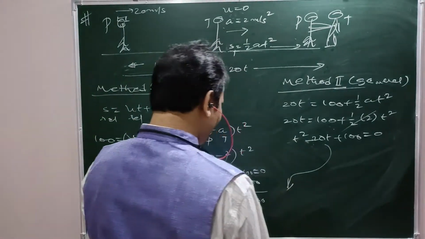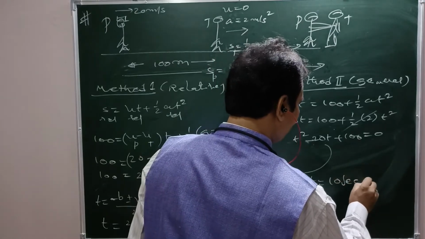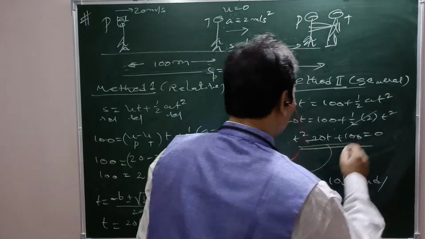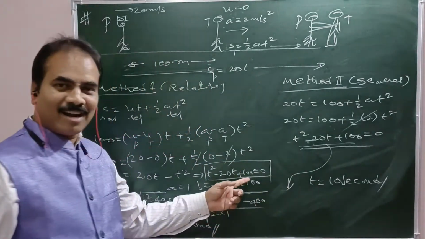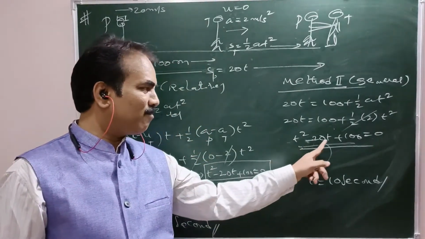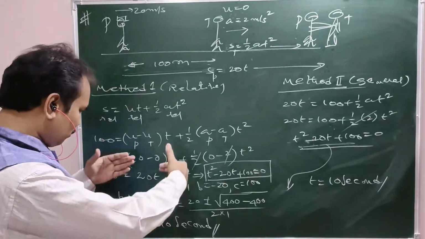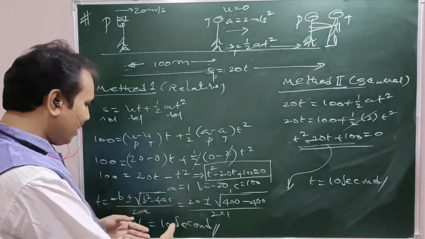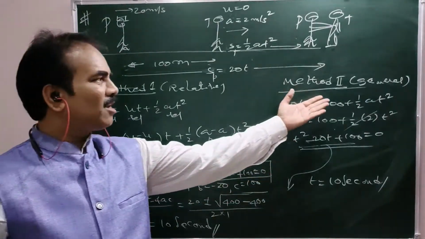Proceeding in the same way, finally you will get t equal to 10 seconds. Here also t square minus 20t plus 100 equals 0, so up to here it is the same, and we can proceed in the same way to find the time. This is the general method.